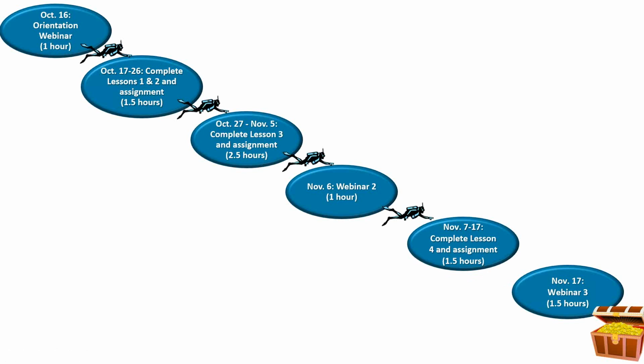Over the past 10 days or so, you've had time to work through the lesson, which demonstrates application of the tool to identify gaps in your existing management plan and brainstorm new actions to fill those gaps. That lesson concluded with next steps on how the tool results can be used to inform other steps of the climate smart conservation cycle. So we're now down here on the final webinar.